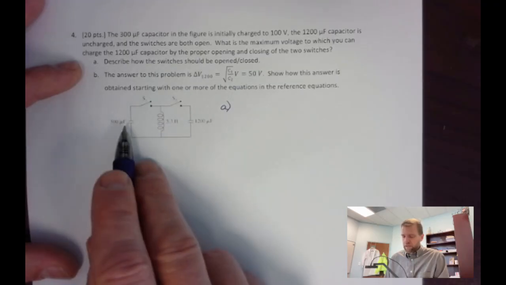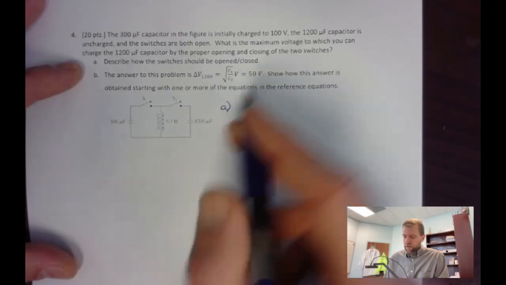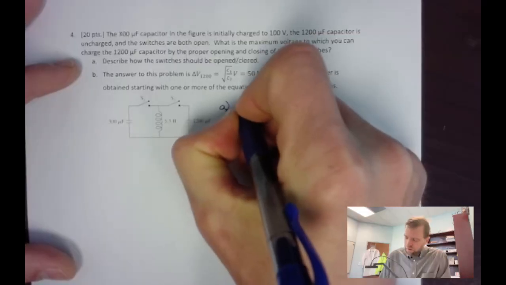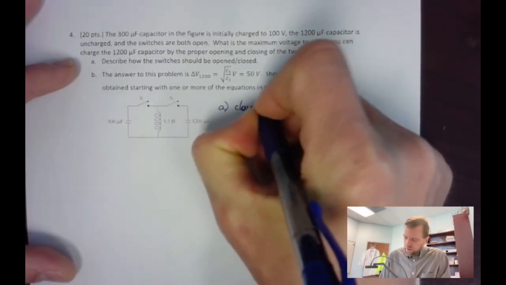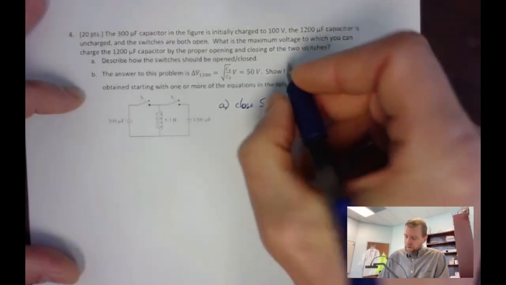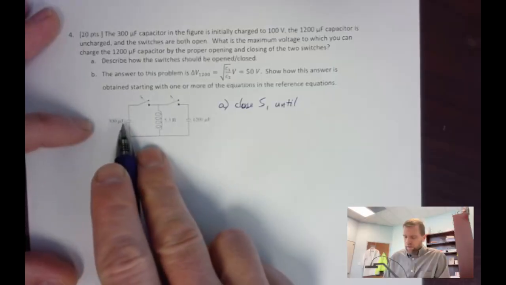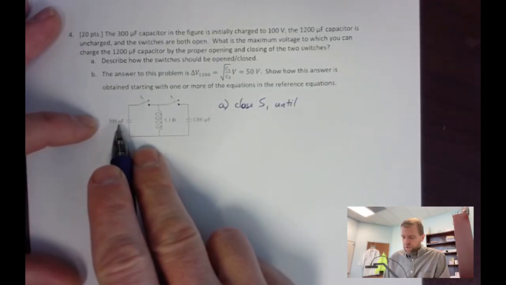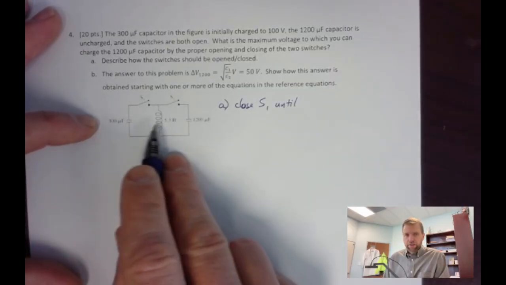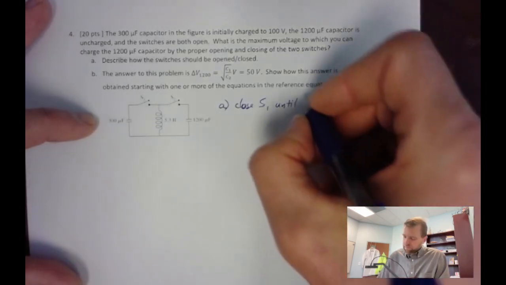All right, so for part A, in order to transfer the energy to the inductor, we're going to close switch S1 until the capacitor's voltage is 0 and the current in the inductor is at a maximum.